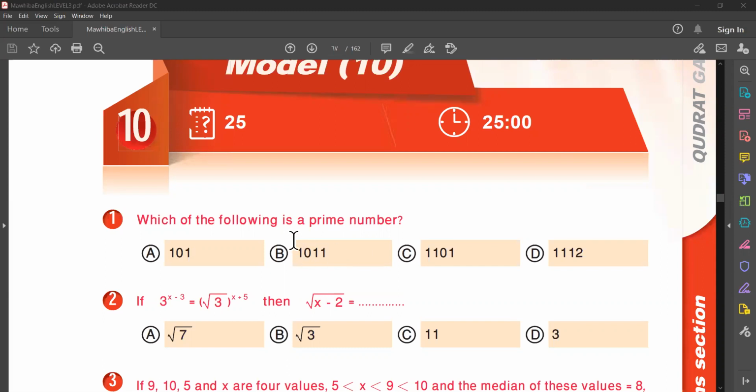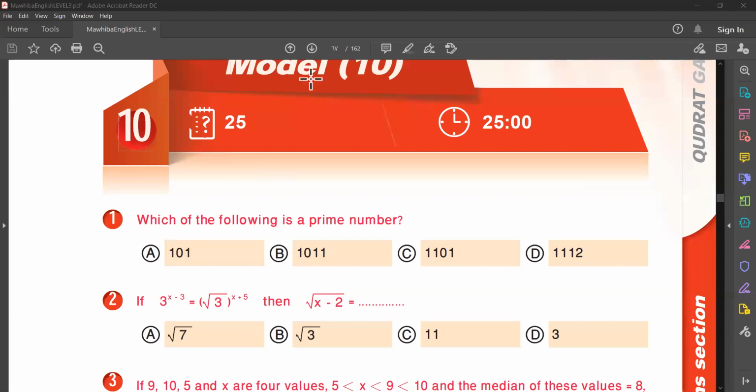Yes, thank you, Al Hassan. You are excellent and you did a good job. So here, which of the following is a prime number? If it is not divisible by any of the numbers 3, 2, 5, we can choose the correct answer.